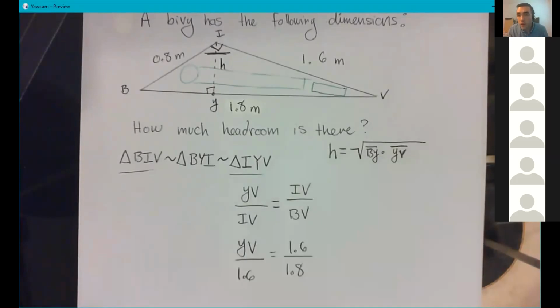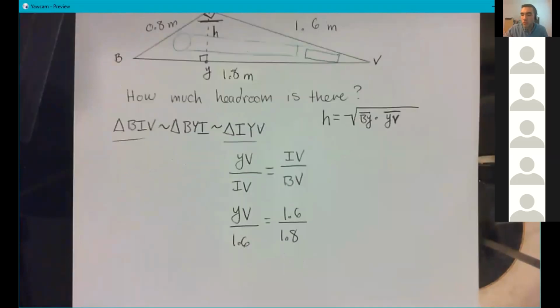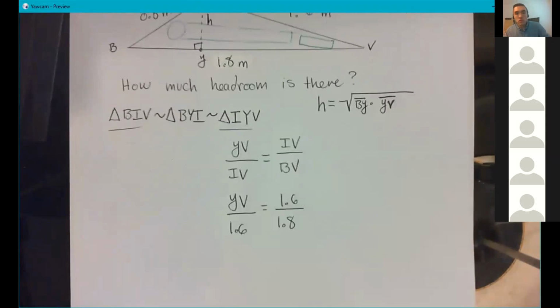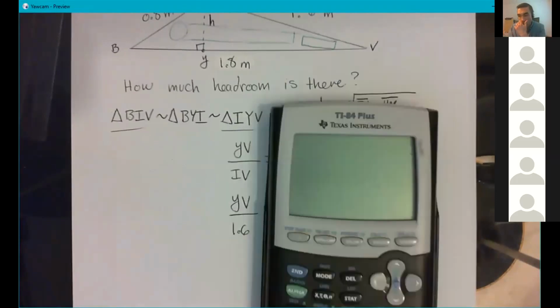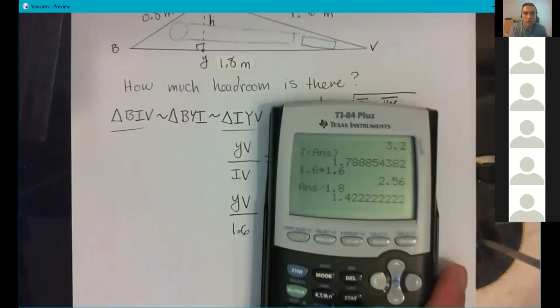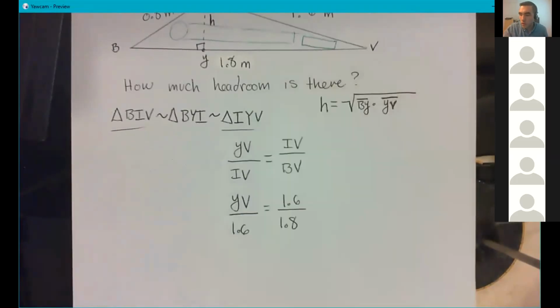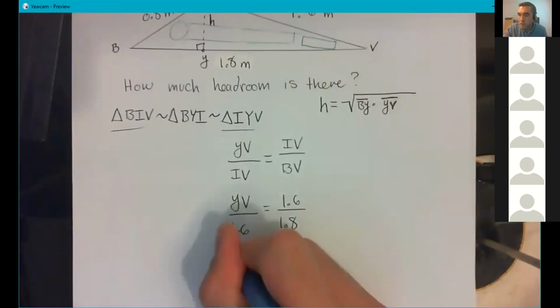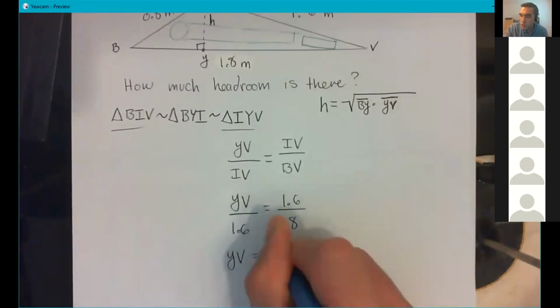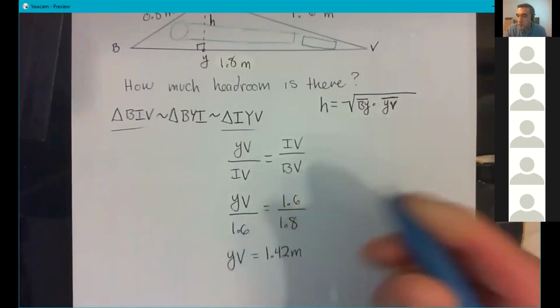So from here, we can now go ahead and cross multiply over 1.6. So our answer is going to be equal to 1.6 times 1.6 divided by 1.8. So that means YV is equal to 1.42 meters.